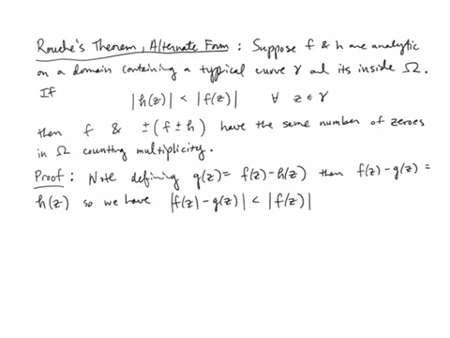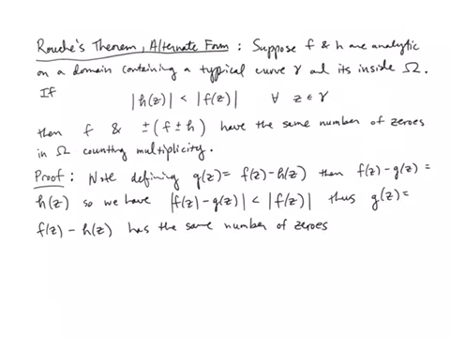Thus g, which is equal to f minus h, so f of z minus h of z, has the same number of zeros as f.